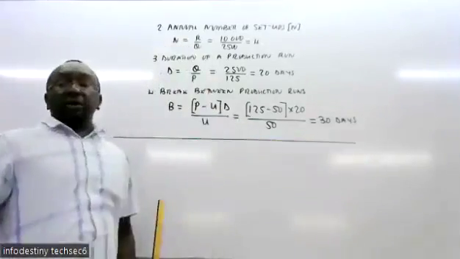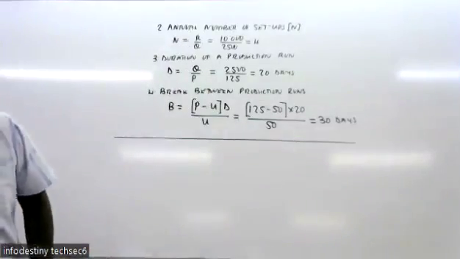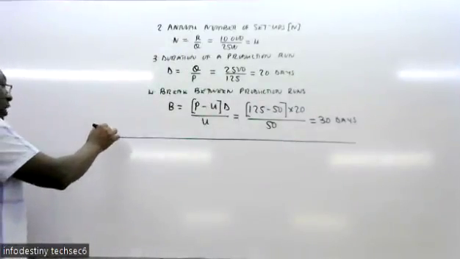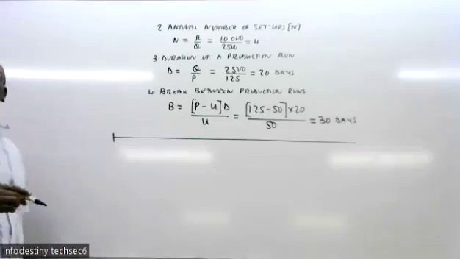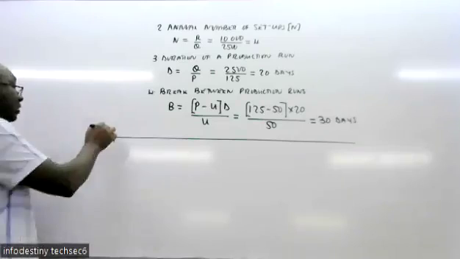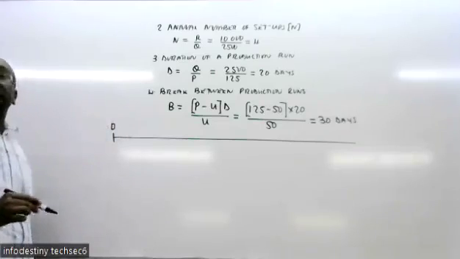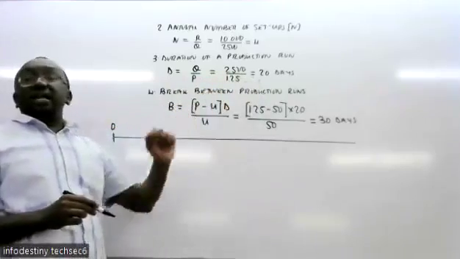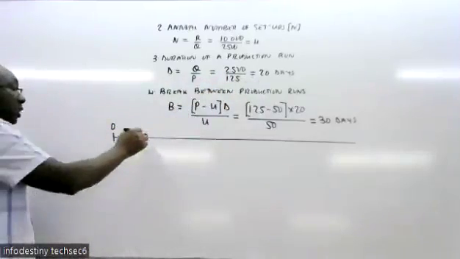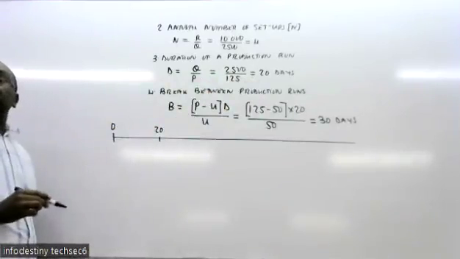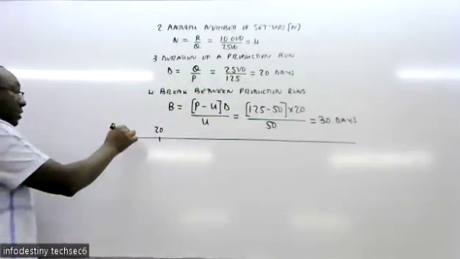I want to explain kidogo. Now here, assume in the beginning of the production, the beginning of one time. That is D0 or D1. Tumesema tukianza kazi tutakimbia for 20 days. So utakuja hapa itakuwa 20. Tusimame.